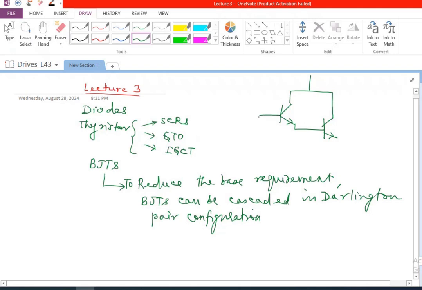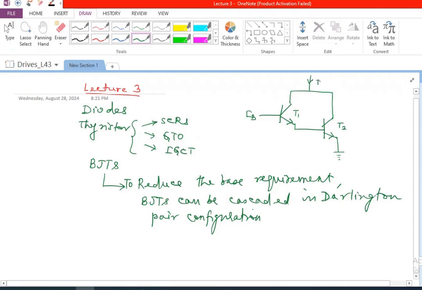So this will be the base current we actually pump into transistor number 1. And let's say this is transistor number 2. And the emitter of this particular transistor is going to be grounded. And if we are looking at the load, what is connected will be at the collector terminal of both the transistors connected together.